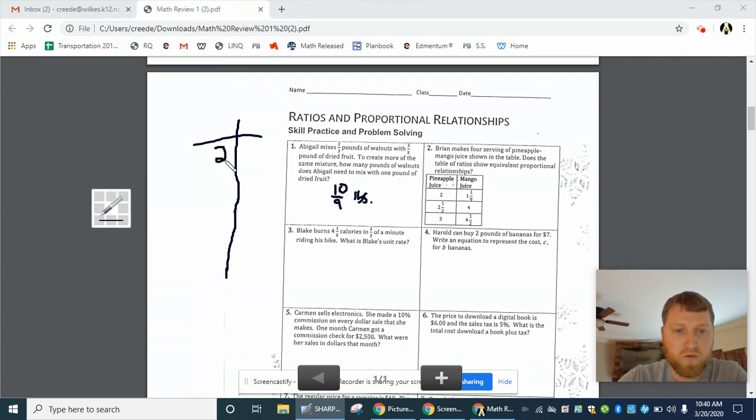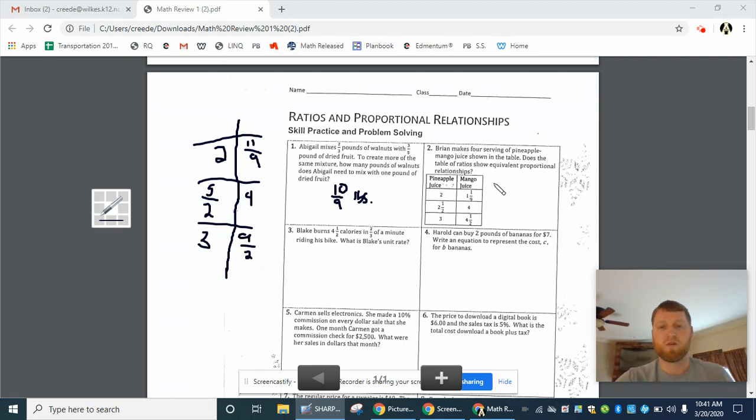So I got 2, and I got 1 and 1 ninth. 1 and 1 ninth becomes 11 ninths as an improper fraction. 2 and a half becomes 5 over 2. We got 4 there. That remains the same. And then we got 3 and 4.5, which is going to become 9 over 2. No, that's not written very well, but that's the best I can do with this little mouse I have.